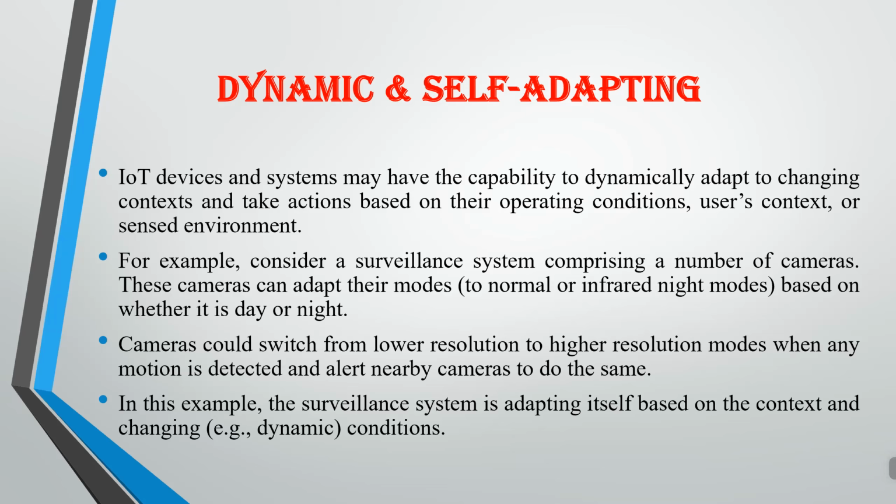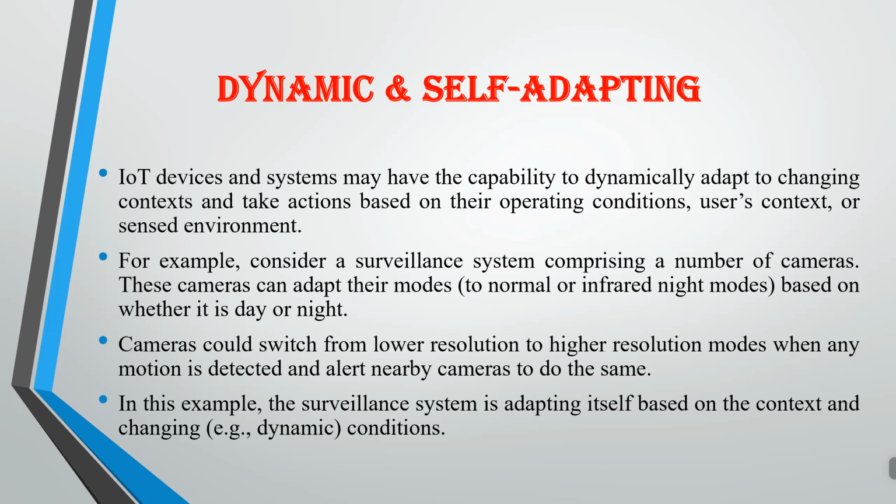So these surveillance cameras are working both in the daytime as well as nighttime. A lot of changes are required when a surveillance camera is working during daytime. At the same time, a lot of changes are required for a surveillance camera to work in night mode.